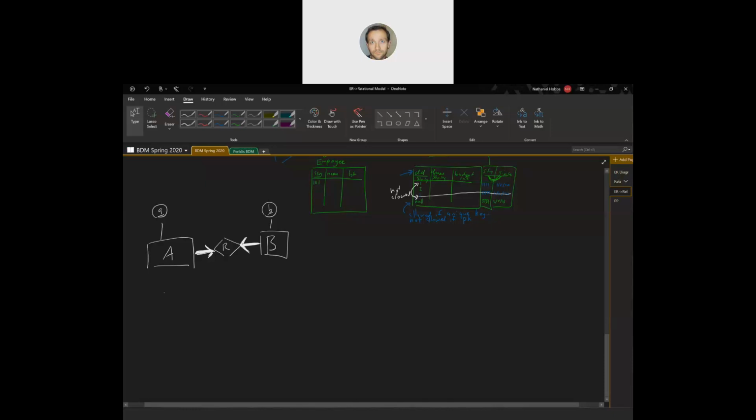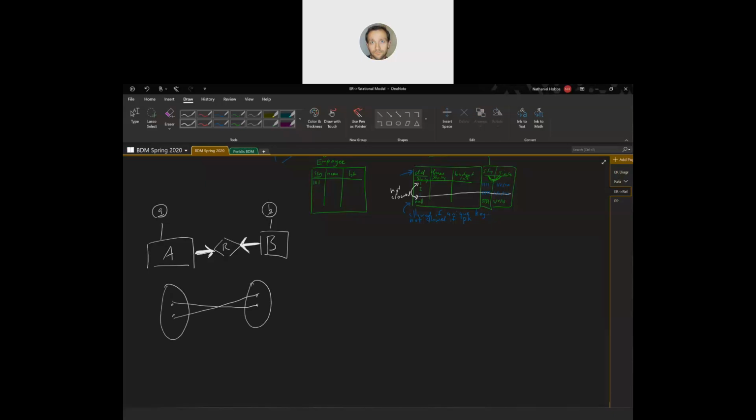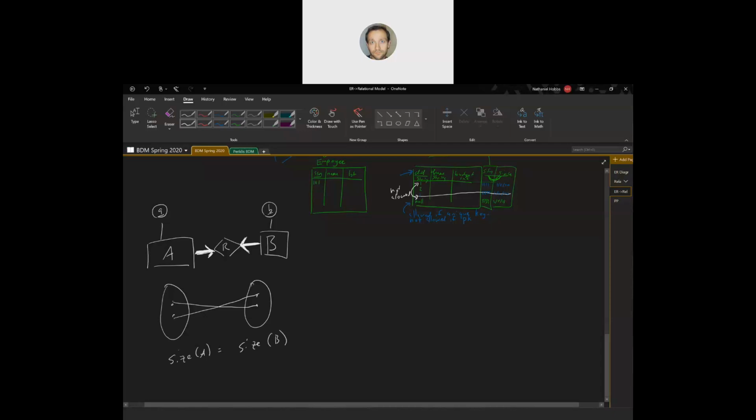So, for example, this. Right. And this implicitly says that the size of A is equal to the size of B. So this arrow means implies.